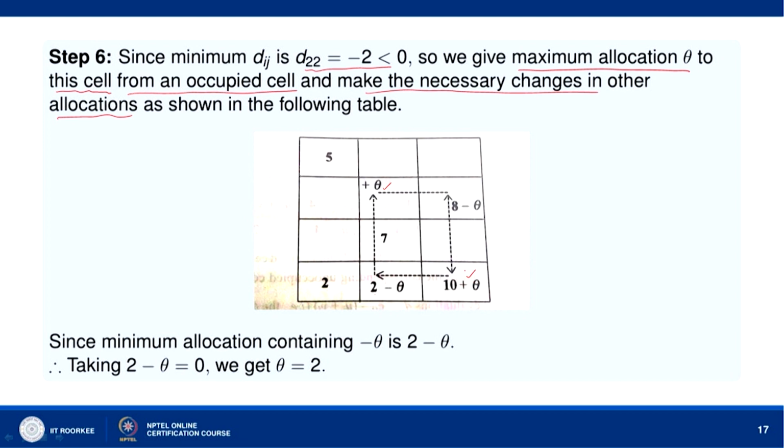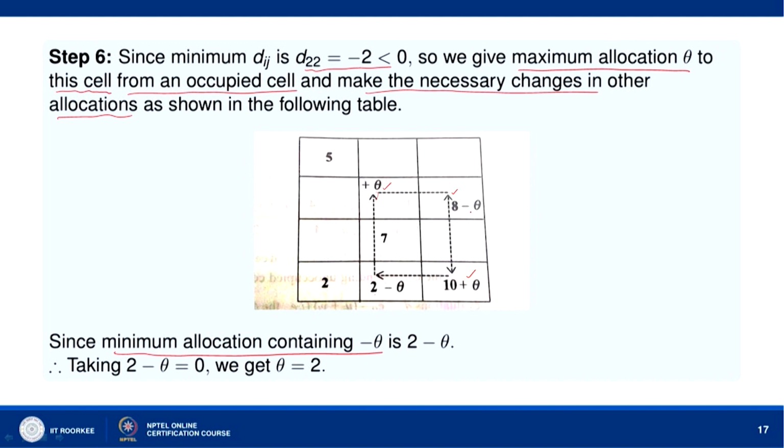So, we get 10 plus theta here, and when we have added theta to this 10, we have to subtract theta from this allocation 8. So, we get 8 minus theta. So, if we give theta here, we have 2 minus theta here, 10 plus theta, here 8 minus theta, and then we consider minimum allocation containing minus theta.